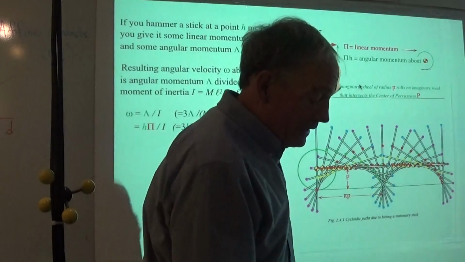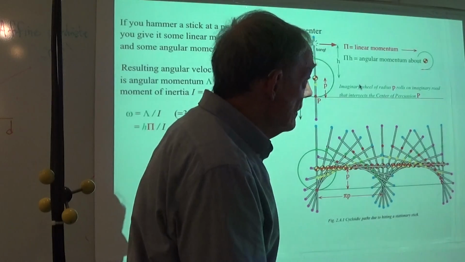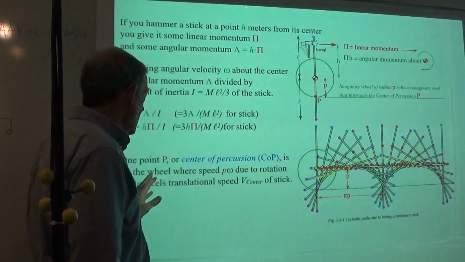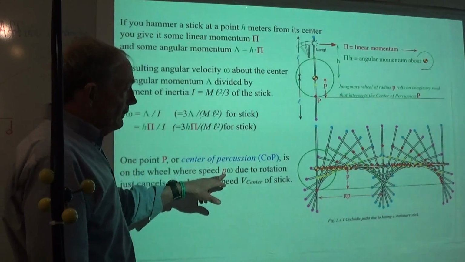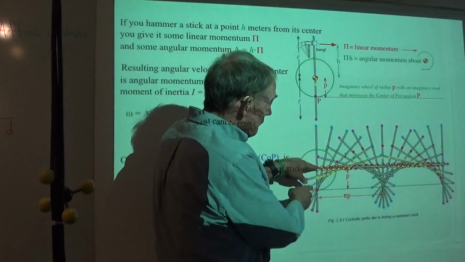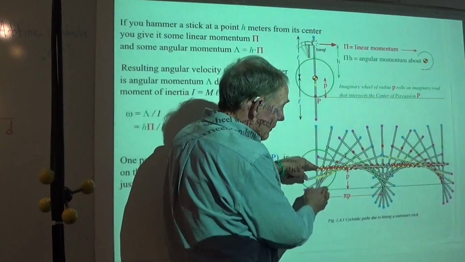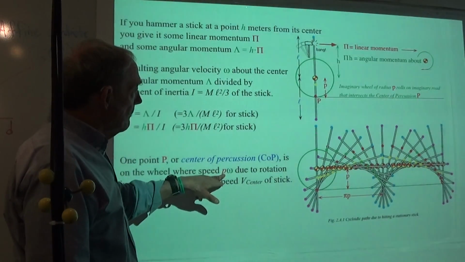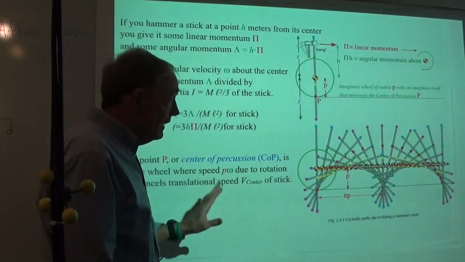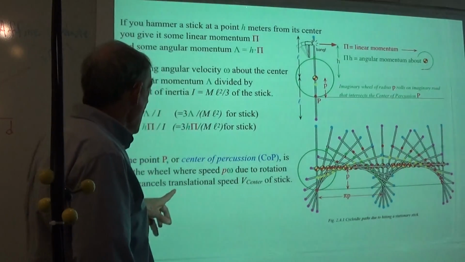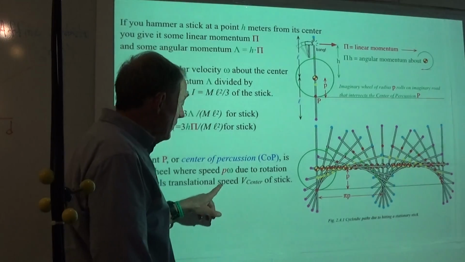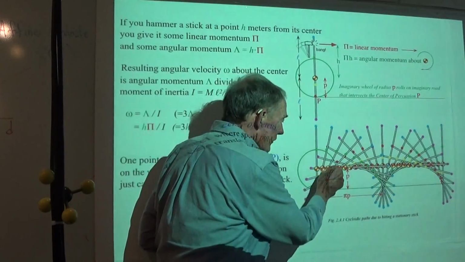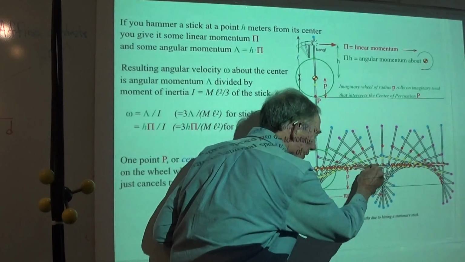So with that, I can figure out where this magic point is, the distance from the center of gravity, here just call it little p for radius, where p omega due to the rotation just cancels the translational speed, and the translational speed measures how fast the center of gravity moves, you see.